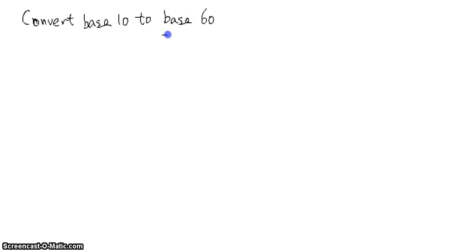For example, the time. When we talk about a period of time, we say how many hours, how many minutes, and how many seconds, and that's base 60 because 1 minute equals 60 seconds and 1 hour equals 60 minutes.